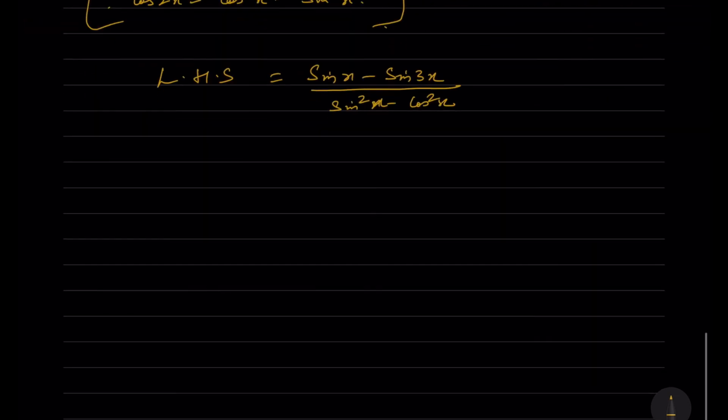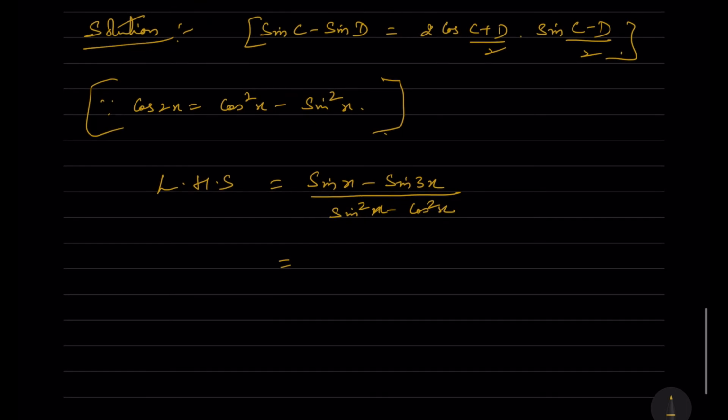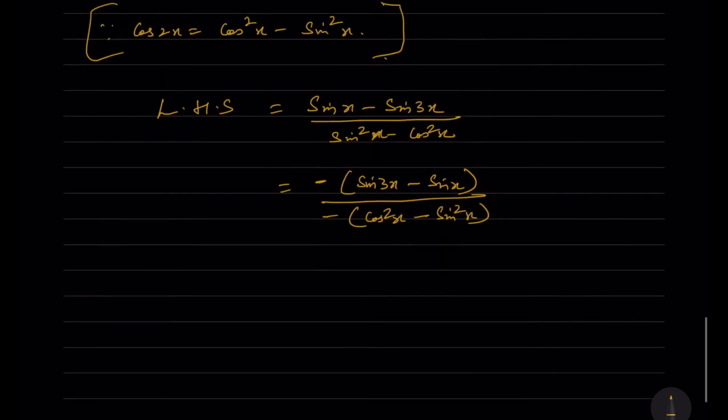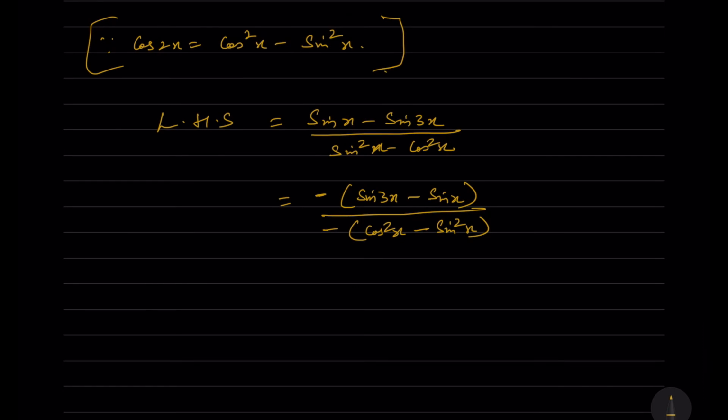You can write this as minus of (sin 3x - sin x), multiplying with the minus sign in the numerator and denominator so that we can apply the formulas easily. So now in the numerator, this minus sign will get cancelled, so it is sin C minus sin D.